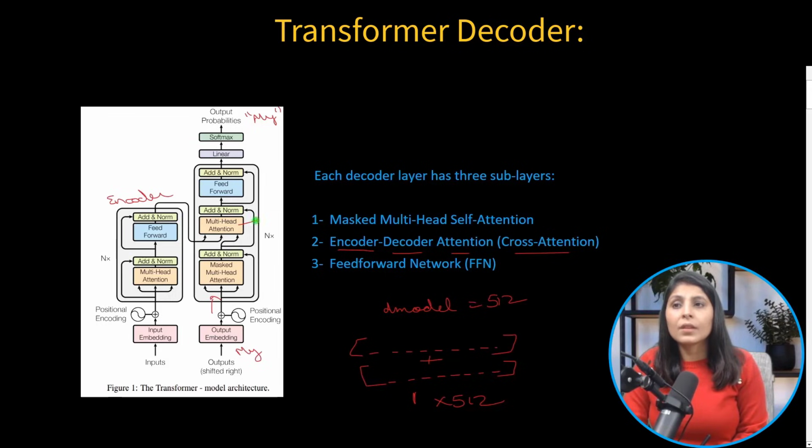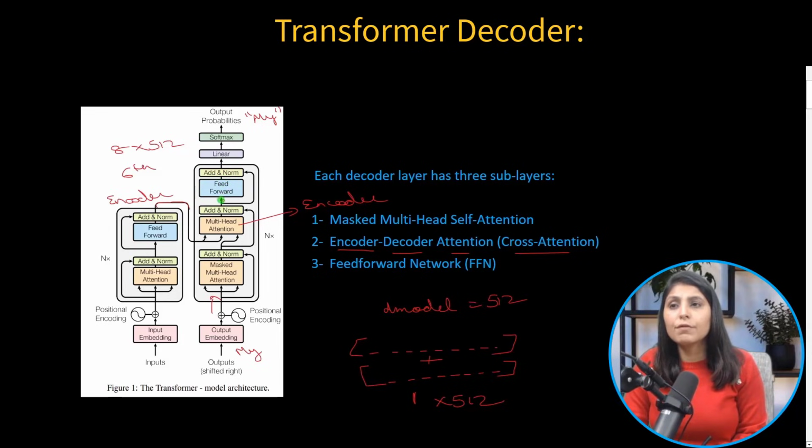Over here, we are using the encoder output, the output which we got after the sixth encoder, which is of shape 8 into 512. Only at this step do we use the encoder output. We will discuss this in detail. Right now I'm just giving you an overview, and after that we have the feed forward network.